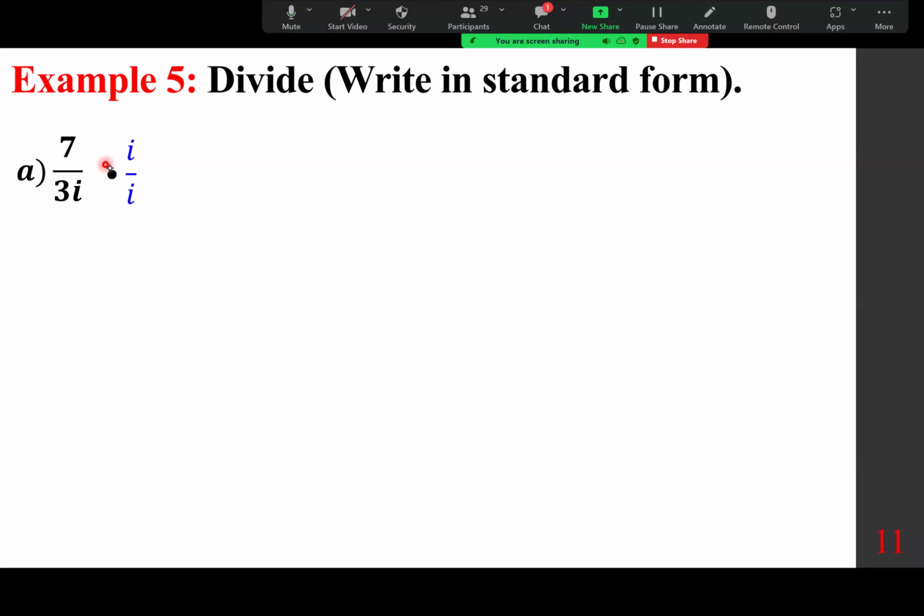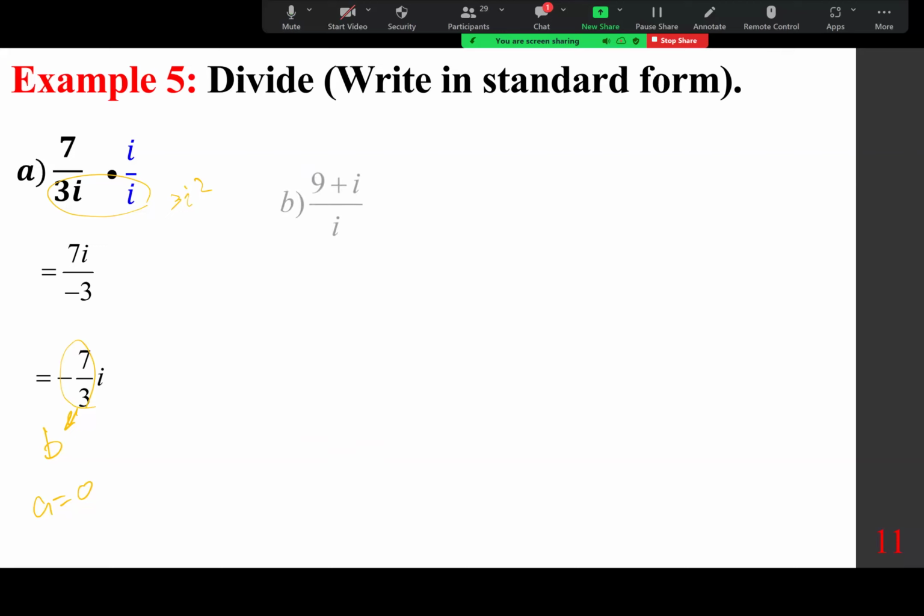So the numerator is 7i, the bottom is 3i squared, which is -3, and you write it in this format. The reason you want to write it in this format is because you need to understand that B is -7/3, and by the way, A is 0. We don't have a real part here.